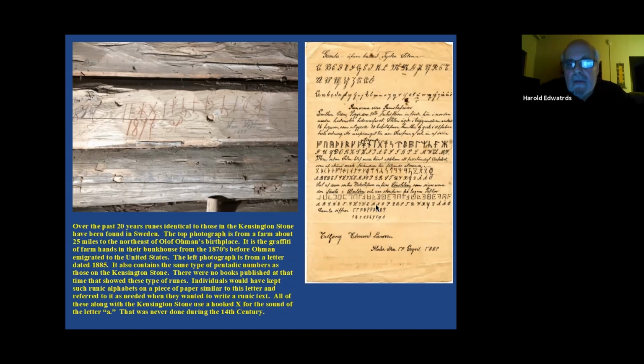Now, the use of the letter X for the sound of the letter A was not done in the 14th century. It was done in the 19th century, in 19th century runes. But the rune stone and this Larson brothers letter and this graffiti all have an extra embellishment of that. They have a little hook on the X. And so you can see again, there's a source for Mr. Ullmann getting these runes to use on his stone.